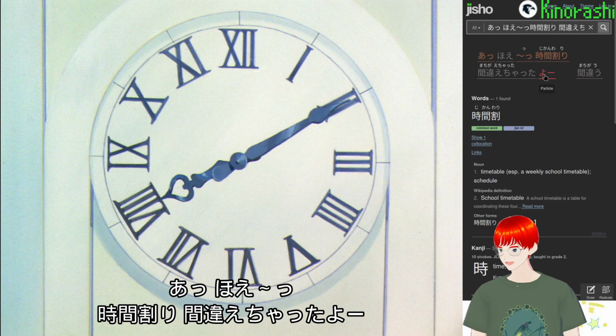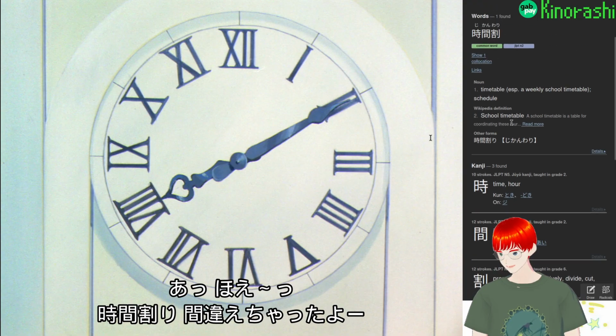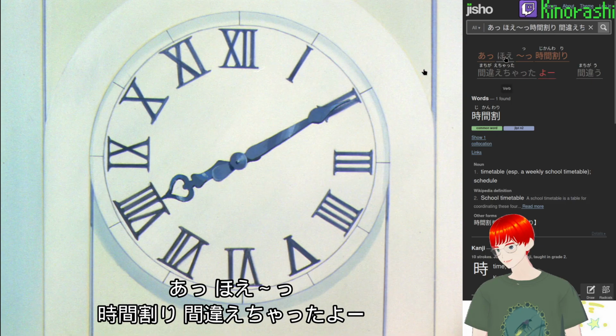Let's see. Jikan Wari. Timetable, school timetable. Wari comes from portion, comparatively, divide, cut, separate, split. So splitting time, in other words, like a schedule, splitting things into time. So Jikan Wari. So I ended up making a mistake on the timetable.